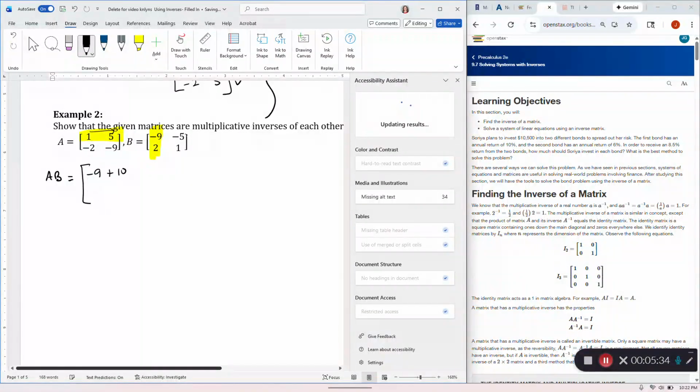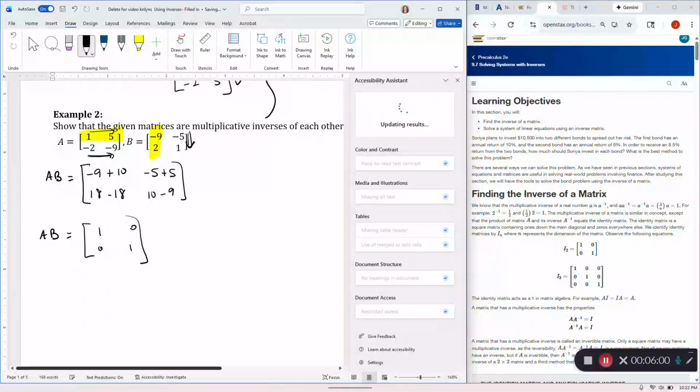Next row, column, 5 plus 5. Bottom row, first column, 18 minus 18. Bottom row, second column, 10 minus 9. AB is equal to 1, 0, 0, 1.